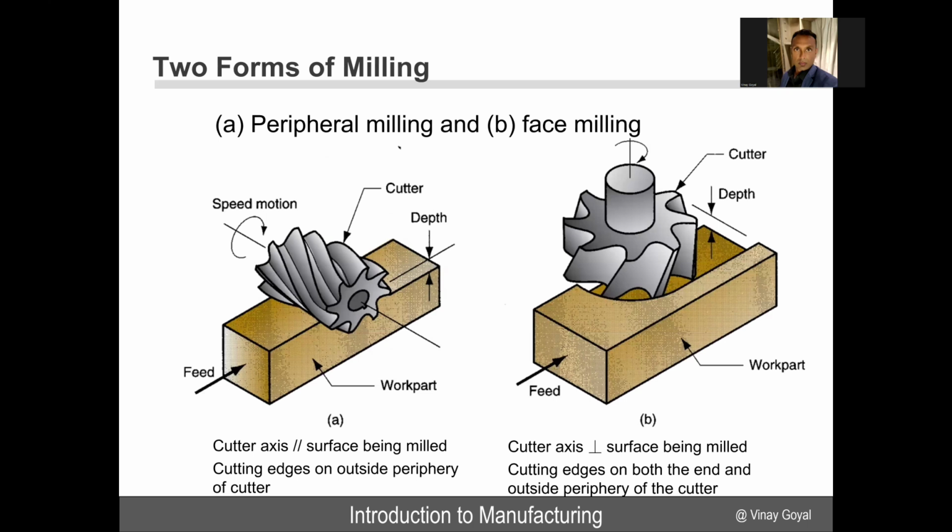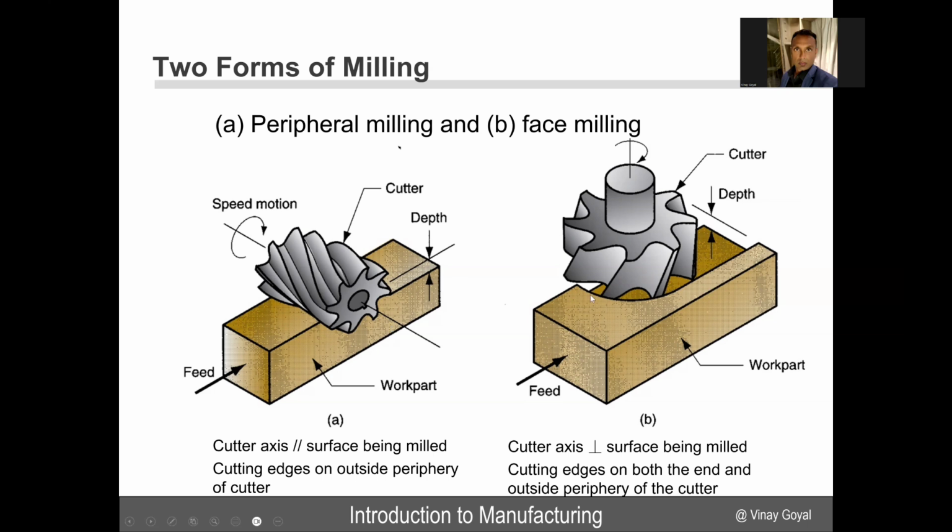There are two forms of milling: peripheral milling and face milling. In this case, there is the speed motion of the tooling, the cutter, and that's your work part, and this work part is being fed into this tooling. So this speed motion is causing the milling, and that's usually in a cutter axis, and the cutting edges are on the outside periphery of the cutter.